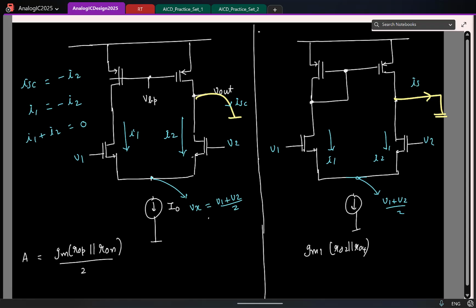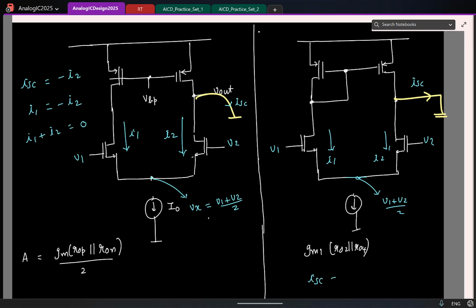We actually calculated. So I definitely have I2 flowing through ISC, no doubt. Right? So I'll have minus I2. But will that be all? Yeah, I have I1 flowing through this transistor. So I have this gate drain feedback that will generate an appropriate gate voltage here. So what can you say about this current?